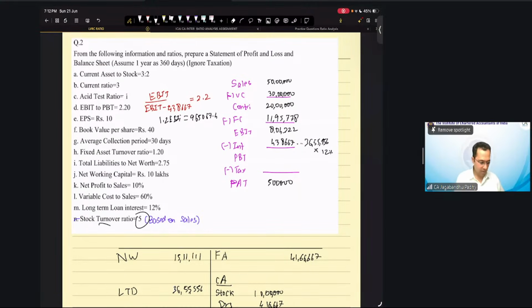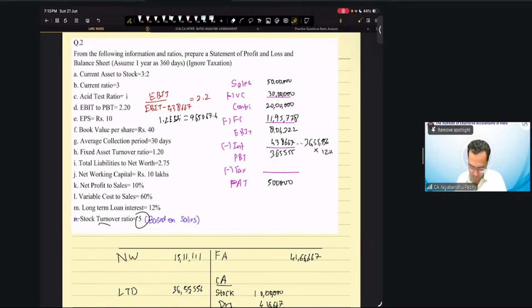Then you have the PBT value, 8 lakh 4,222 minus 4 lakh 38,667, which is 365,555. So PBT is 365,555.